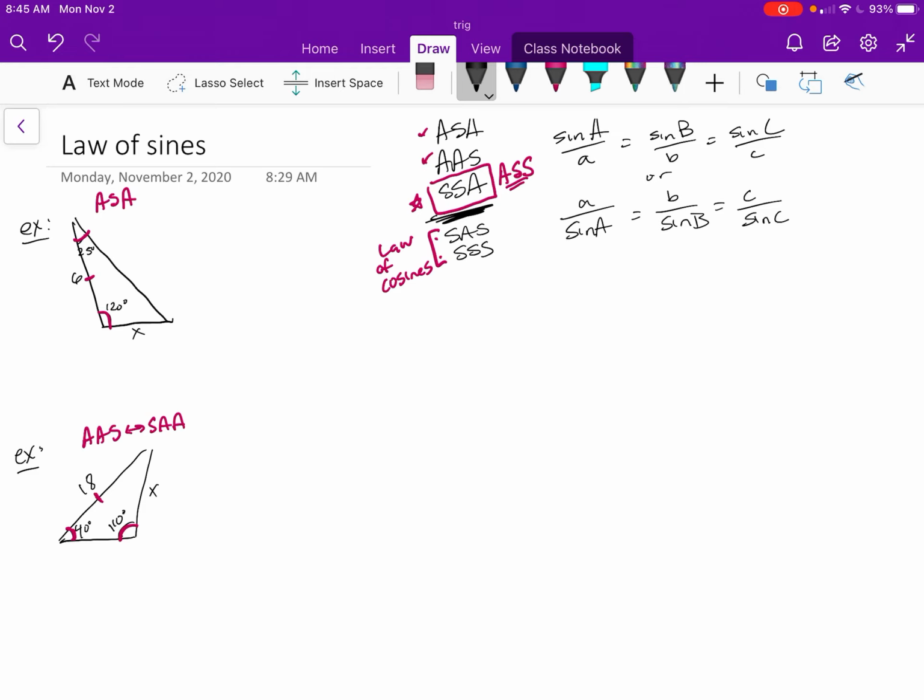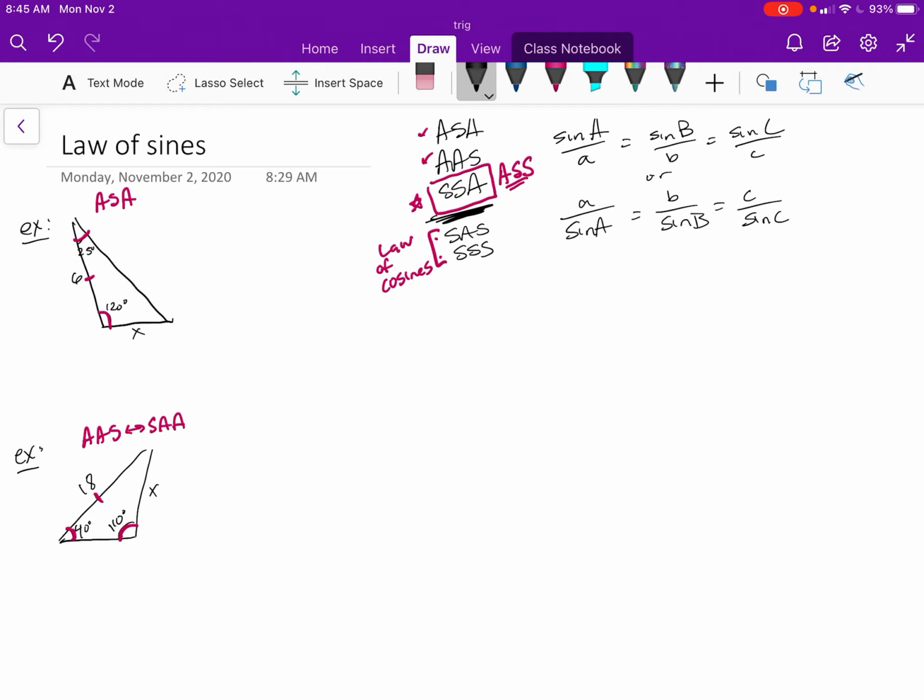Now, before we use this, that's the formula: sine A over a equals sine B over b, or sine C over c, or reverse them, take the reciprocal, that's also true.